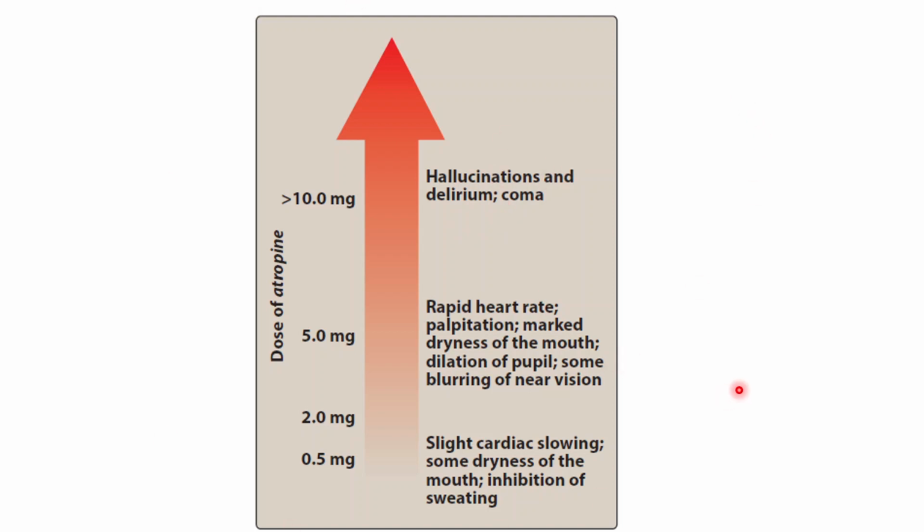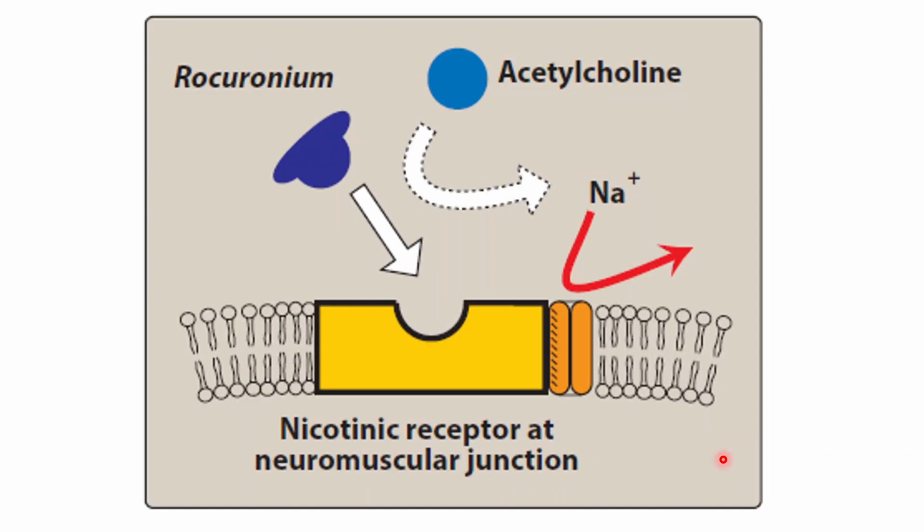So atropine is very dangerous, so be careful while working with atropine. Also when dispensing atropine, make sure the dose is not higher than 0.5 milligram. Half a milligram is the maximum dose that is allowed.